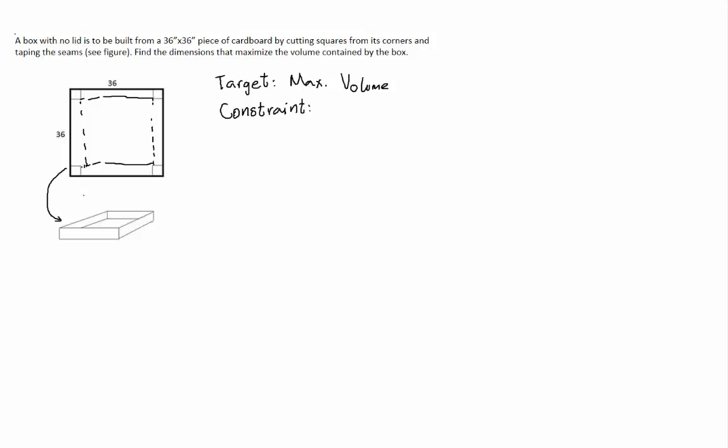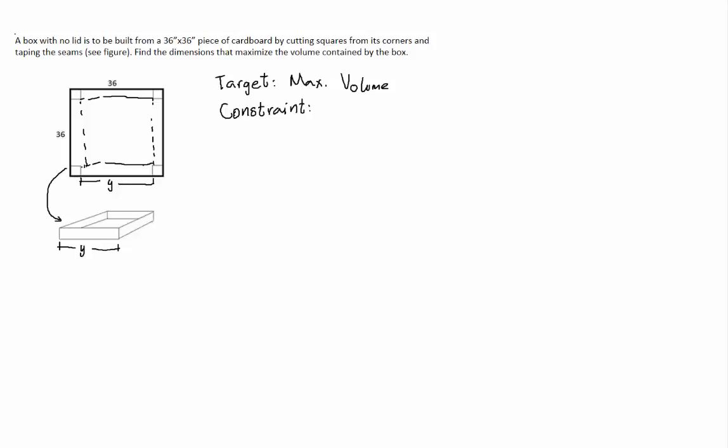So at the moment, I have no variables. So let's set some variables. Let's say that the side in here is y. Let's identify that side up in our picture above. That side would correspond to this side right here.